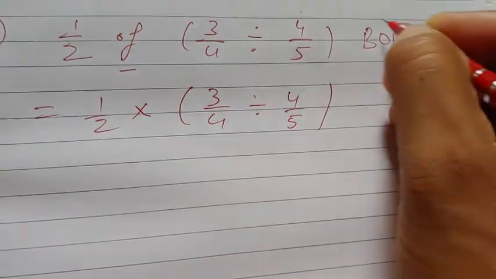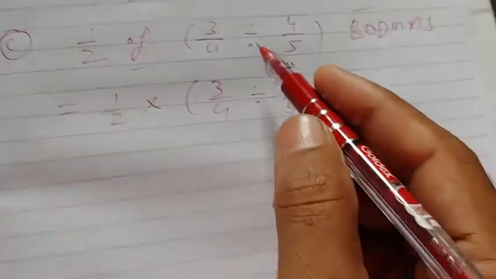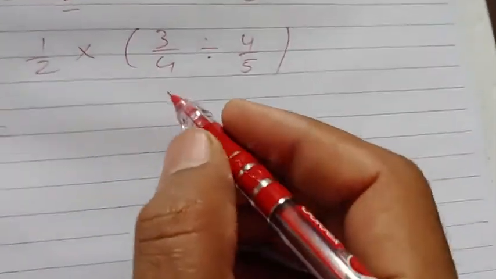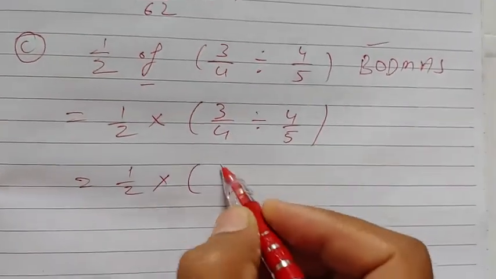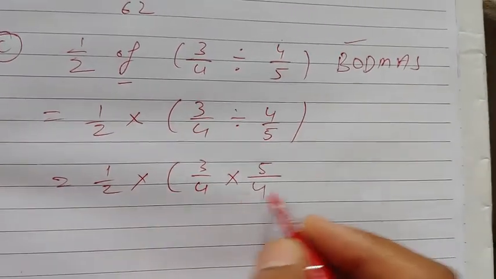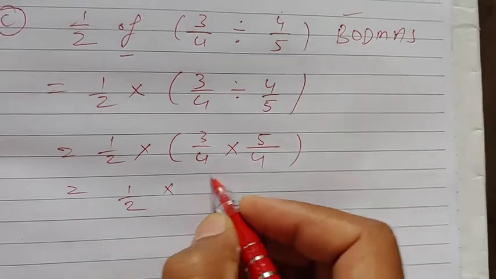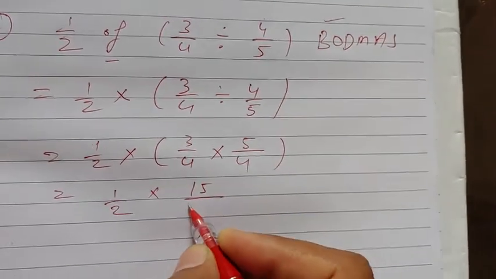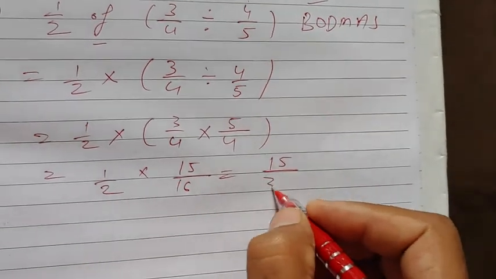Brackets are solved first, so we go for the bracket: 1 upon 2 cross, in brackets, 3 upon 4 cross, but the reciprocal will be here, 4 upon 5. Simply it is 1 cross 3 cross 5 upon 2 cross 4 cross 4.